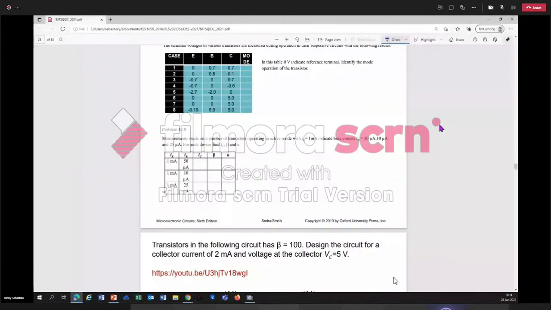The second problem, problem 4.10: IE, IB, you can work out collector current, that is 1 milliampere minus 50 microampere. So IE, IB, IC are known, you can work out beta and alpha as well.